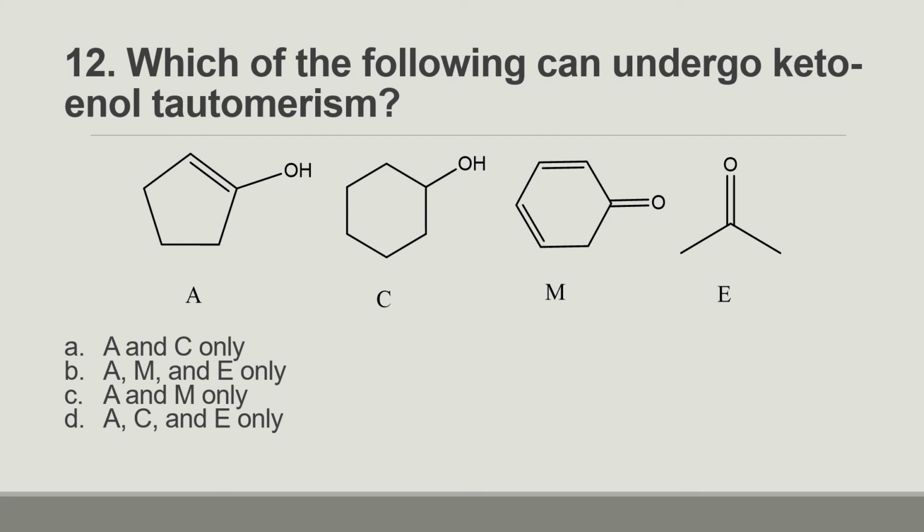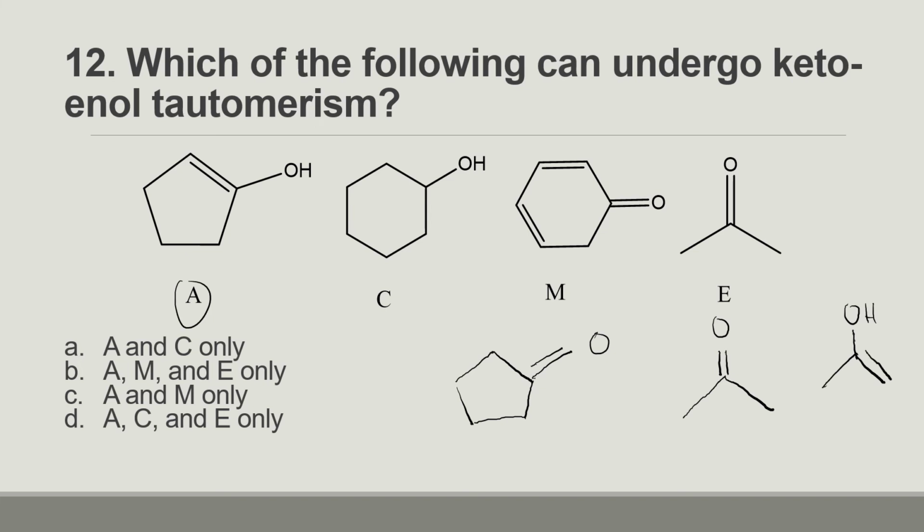So si A, so we can see na yan, OH yung hydroxyl yung kanya ngayon, pero pwede yan mag-transform into its keto form, okay, which is the more stable. So like this. So yes, A is possible. Lampasan ko si C, si M, dun muna ako kay E. Si E, nasa keto form na siya, but kahit na ito yung mas stable, pwede pa rin siyang mag-form into yung kanyang enol form, which is like this.